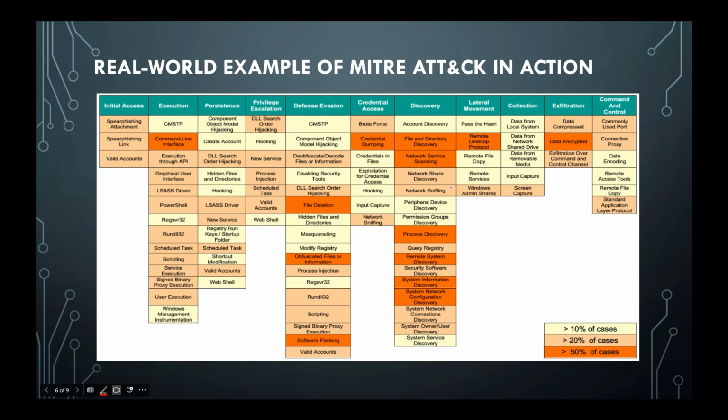Now a real-world example, like the infamous NotPetya. NotPetya is a ransomware attack. They got in through a supply chain attack, that's initial access. Then they used PowerShell to execute the malware.